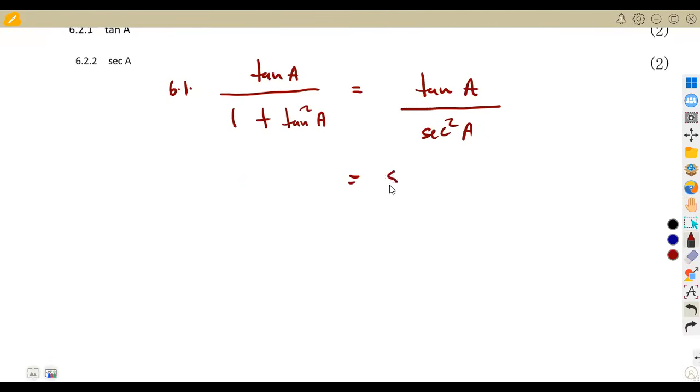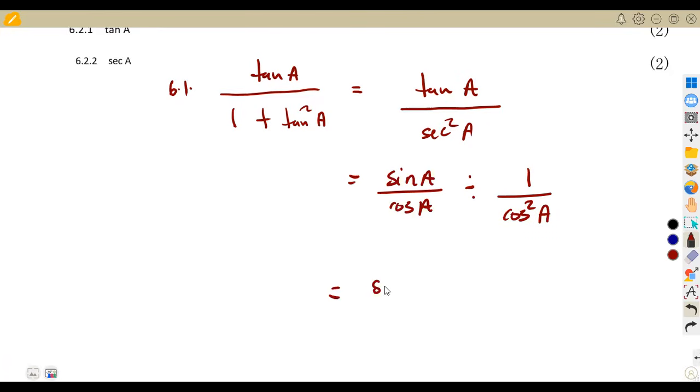So this can be given as sine A over cosine A being divided by sec squared A. And we understand that sec means 1 over cos. So we are dividing by 1 over cos squared A, because it's sec squared. So it must be 1 over cos squared also.